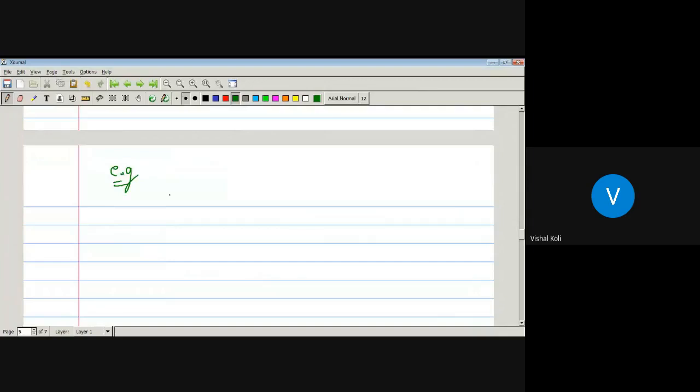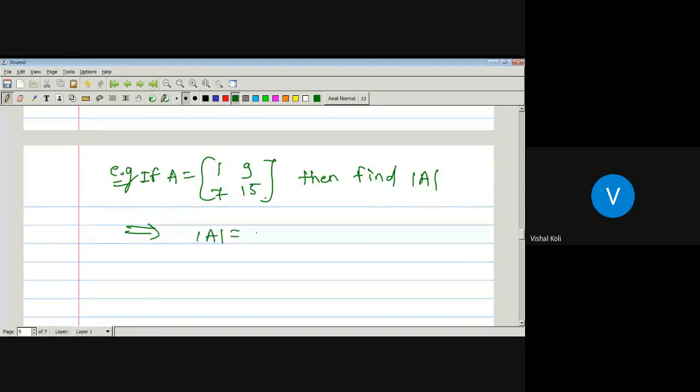For example, suppose A is a matrix having entries 1, 9, 7, 15, and we have to find the determinant of A. Determinant of A is denoted by this symbol and is equal to 1, 9, 7, 15. 15 into 1 is 15, minus 9 into 7, 63. 15 minus 63 is minus 48.